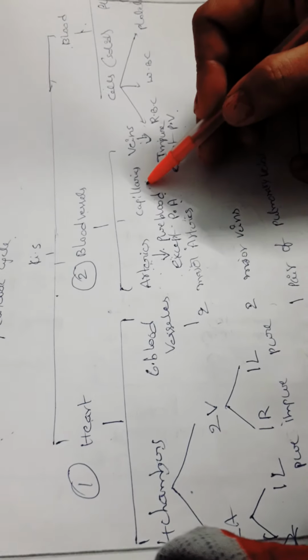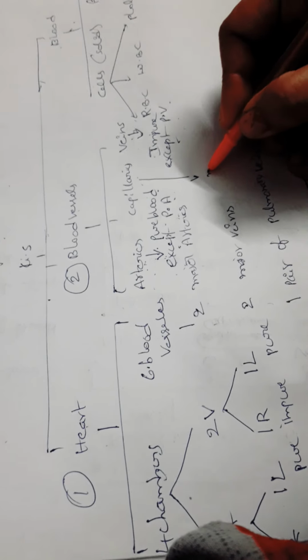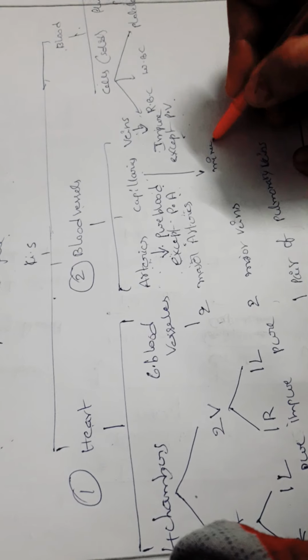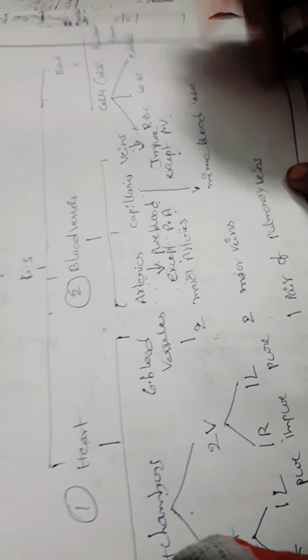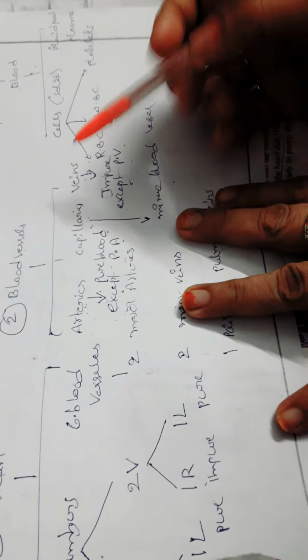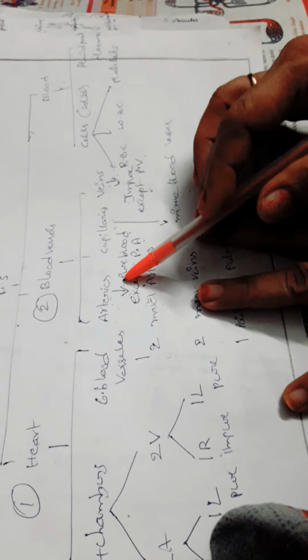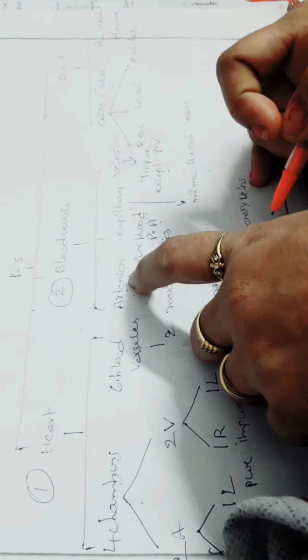Now what about the capillaries? Capillaries are very minute blood vessels which connect the arteries and veins. The heart is not directly connected to the body organs.